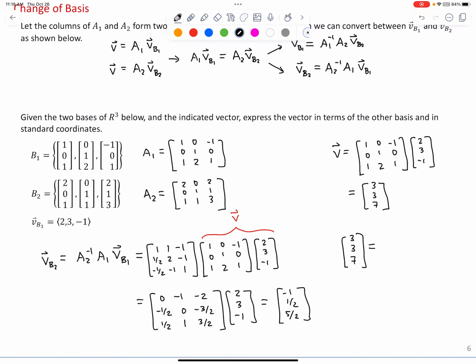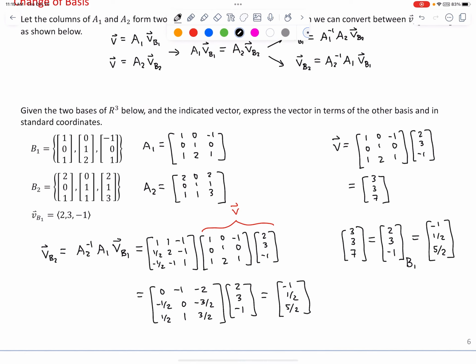So that's basically 3 i's plus 3 j's plus 7 k's. And in terms of the other bases, we can write this vector as 2, 3, -1, but that's in terms of the first basis. Or we can write this vector as -1, 1/2, 5/2, but that's in terms of the second basis.